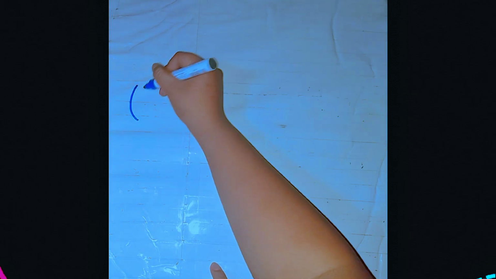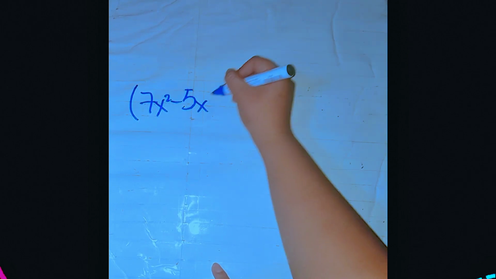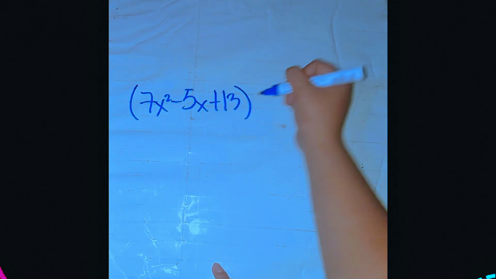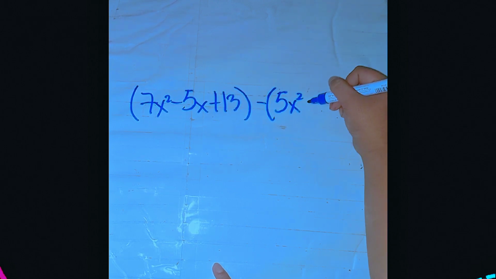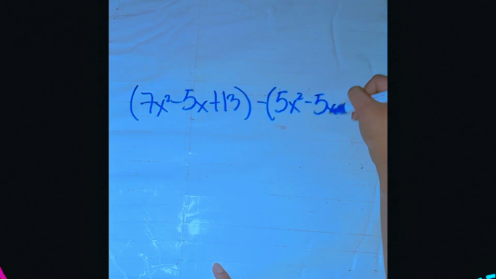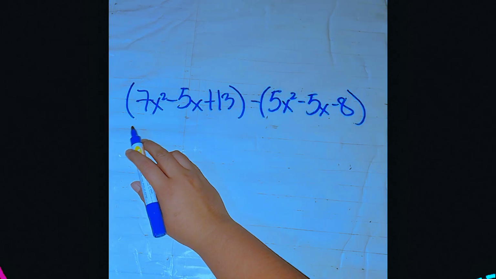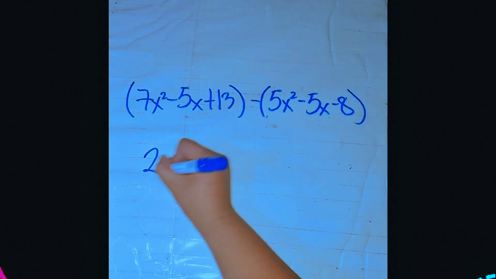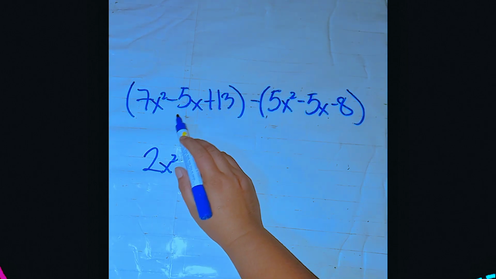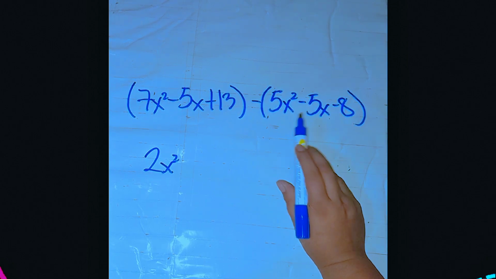Now let's move on to subtracting polynomials. Let's say we have 7x squared minus 5x plus 13 minus 5x squared minus 5x minus 8. So, let's do the first terms first. 7x squared minus 5x squared is equal to 2x squared. Negative 5x minus negative 5x is equivalent to 0.